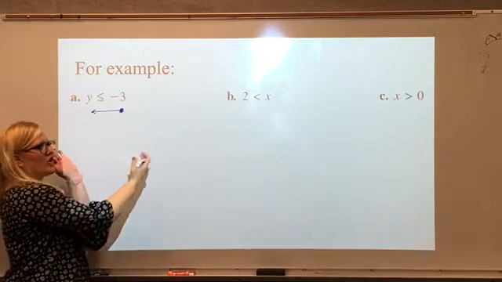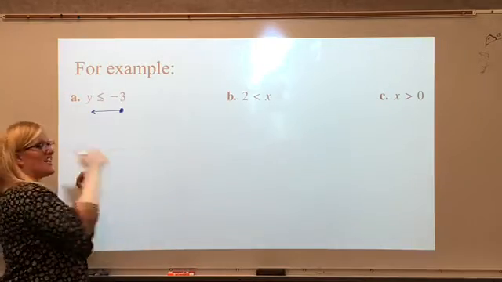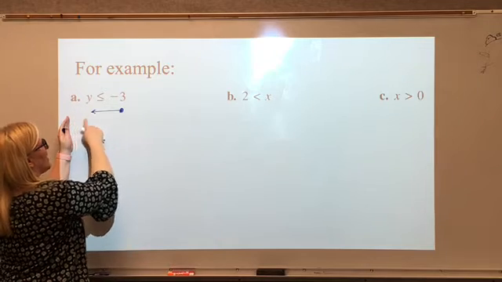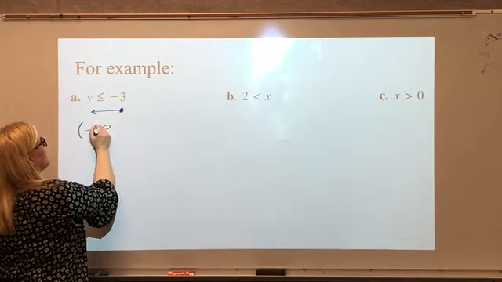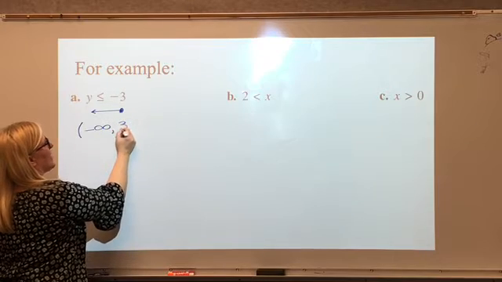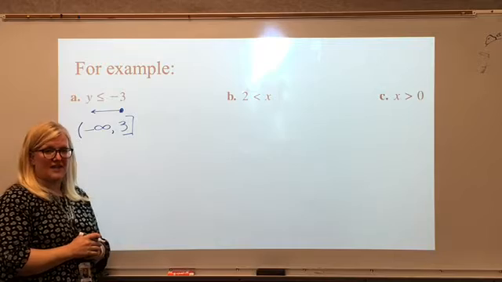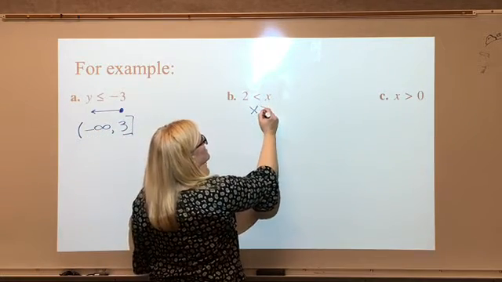So the interval that I have here goes from -infinity, going from left to right, to -3, and the -3 is included, so I use the bracket. For this one, again, I'm going to switch this.